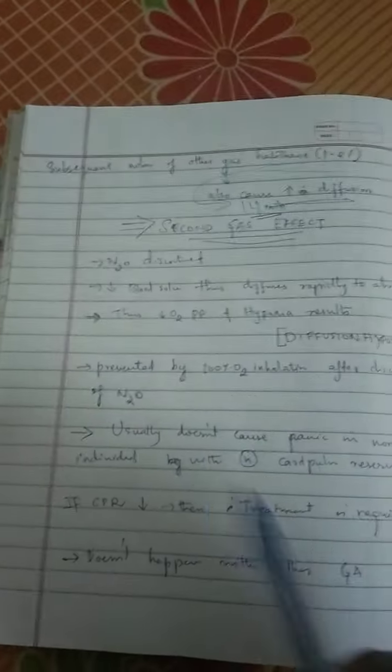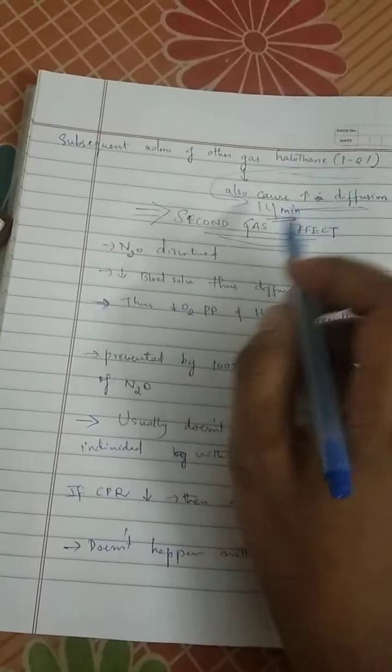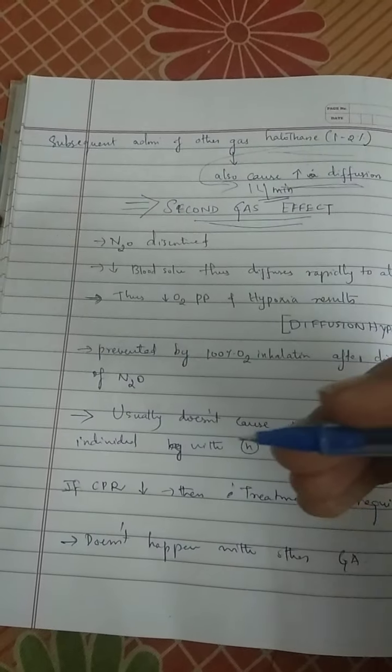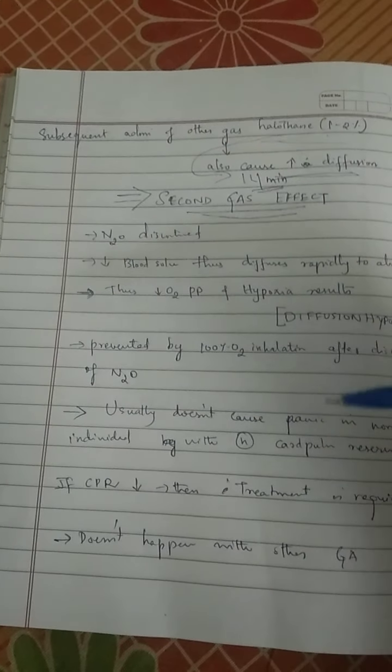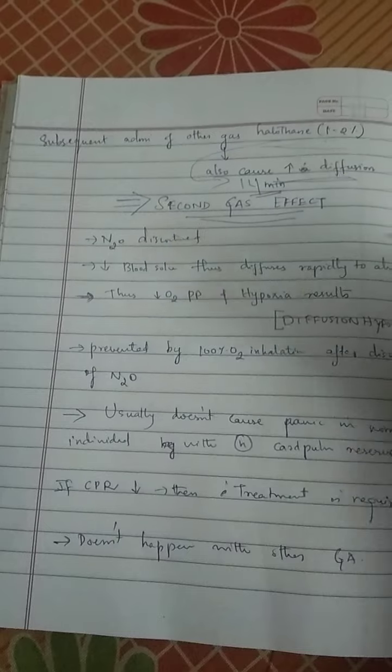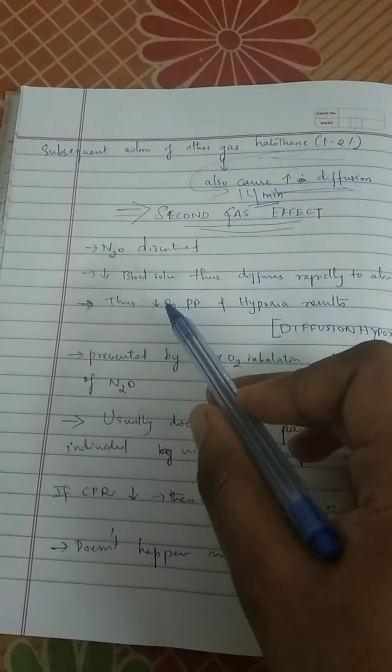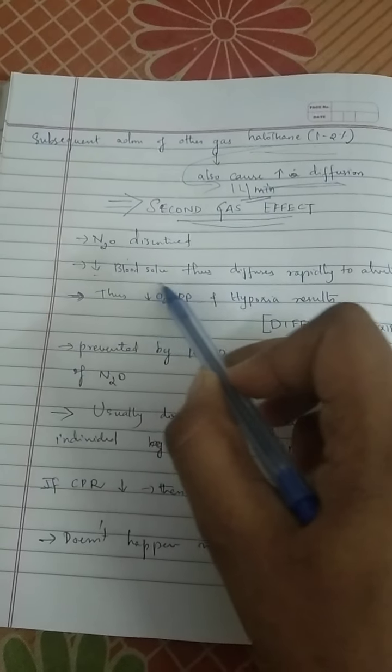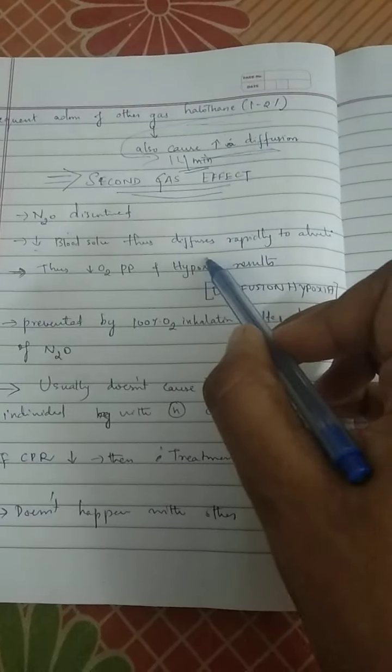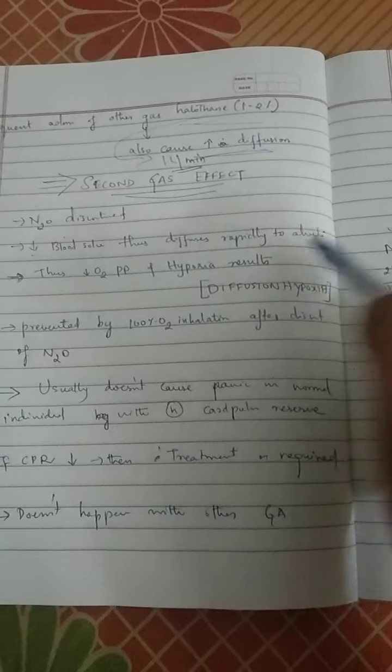Now we are going to study one more thing. Now we are giving N2O, so after some point in time you have to of course discontinue the N2O because it is a general anesthetic, right? When it is discontinued, because it is low blood soluble, it diffuses rapidly to the alveoli again.